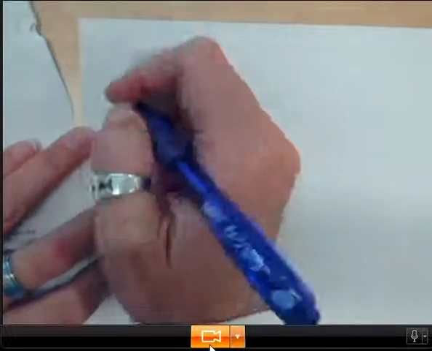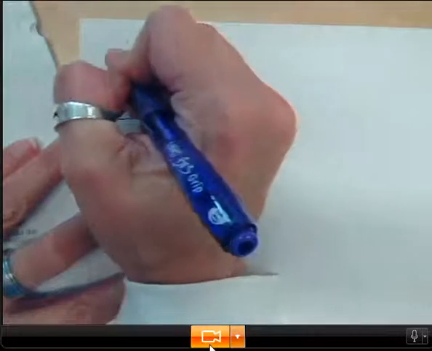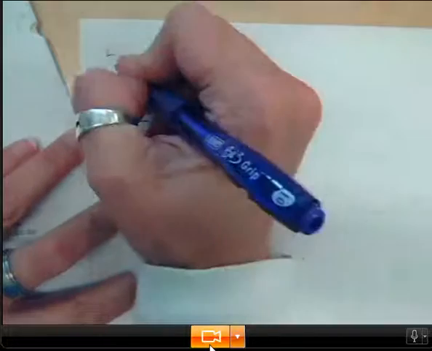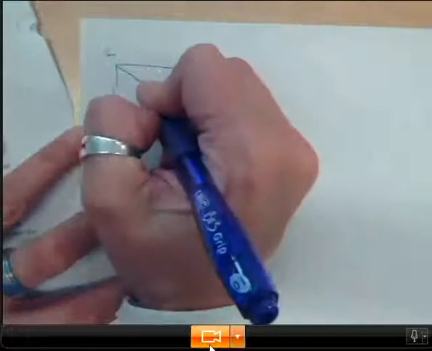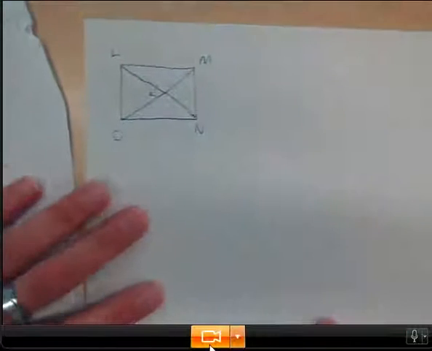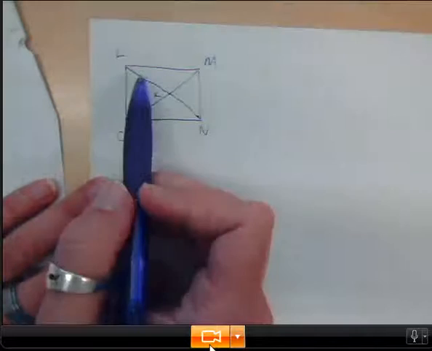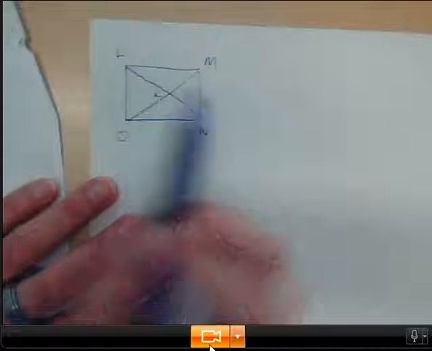This is number 4 on page 6. So we have our rectangle. It is LMNO. And we have our diagonals. And there's K. So they told us to prove that the diagonals bisect one another in number 4 is what we're after. We want to show that LK is congruent to KN and so on.